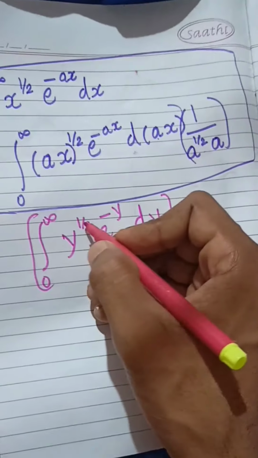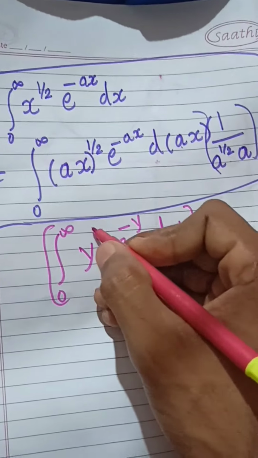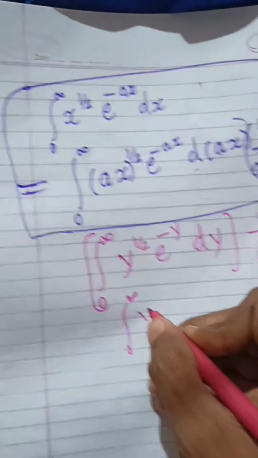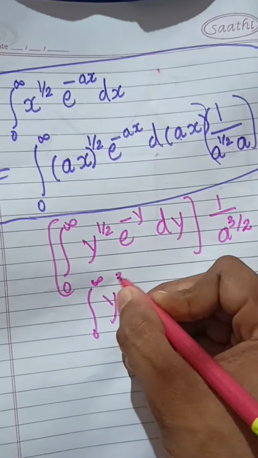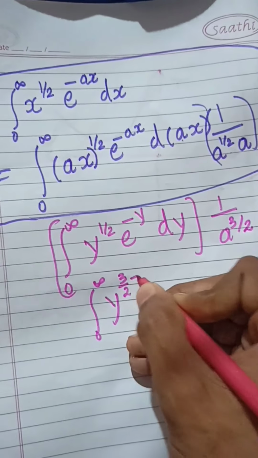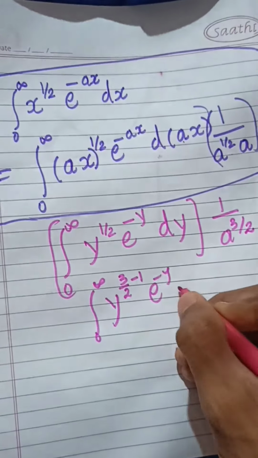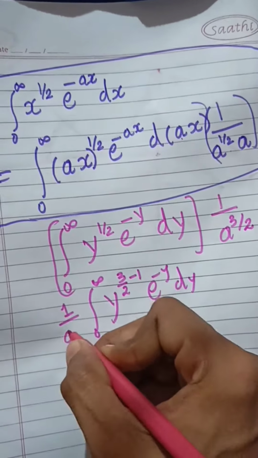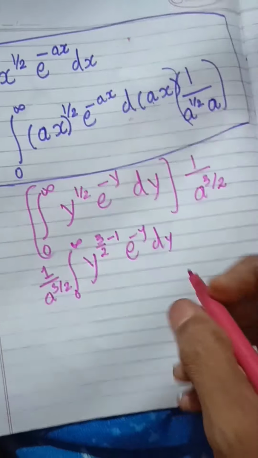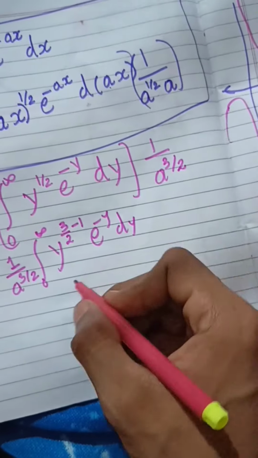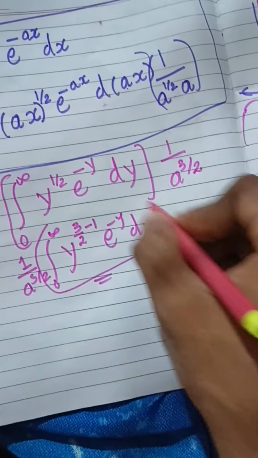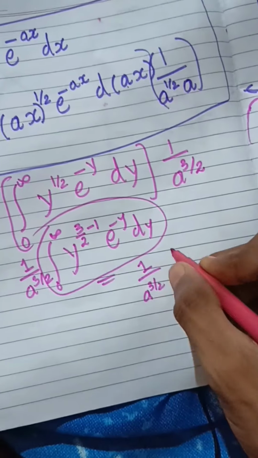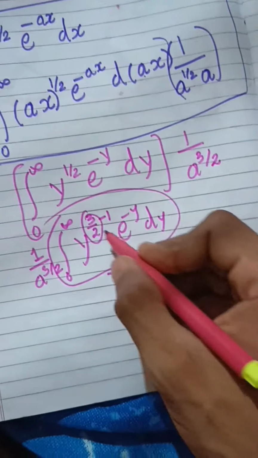So we can write 1/2 as 3/2 minus 1, giving the integral from 0 to infinity of y to the power 3/2 minus 1 e to the power minus y dy, times 1 over a to the power 3/2. We can apply the result here. So this is equal to 1 over a to the power 3/2 times Γ(3/2).